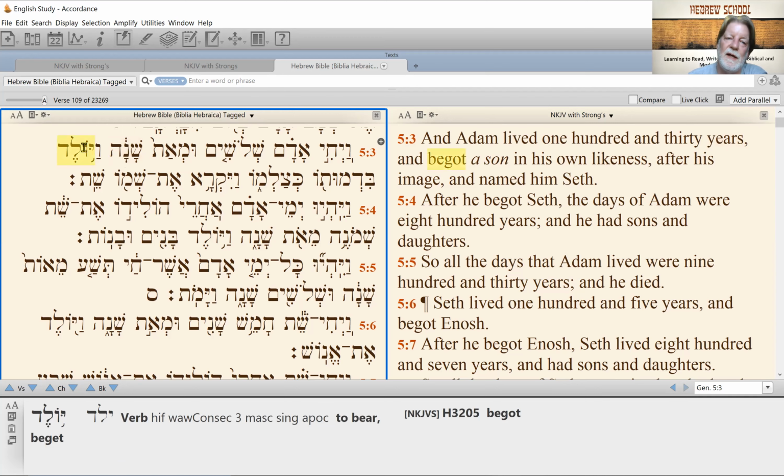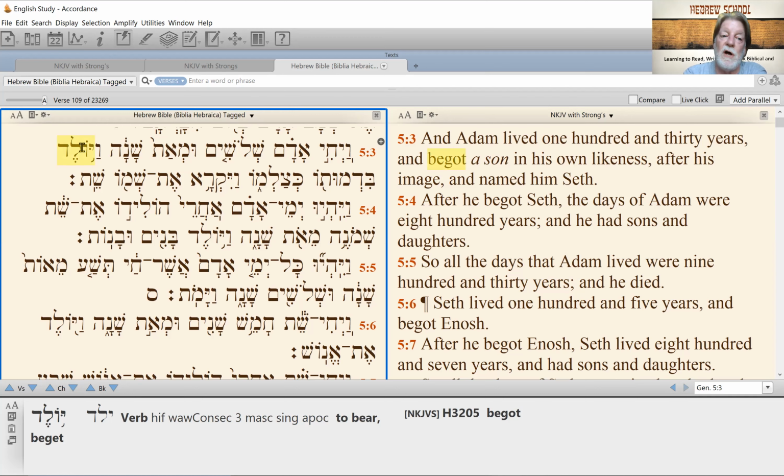And yoled. This is a hifil verb. Yolad means to beget, as if to have children. It doesn't say Adam gave birth to, because we know that's not right. We know Eve was the mom, so she's the one who gave birth, but the father can beget.